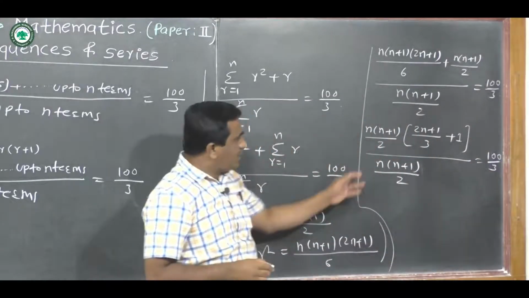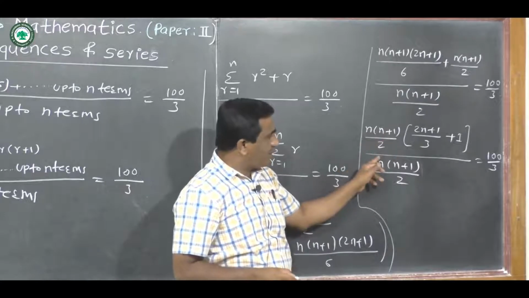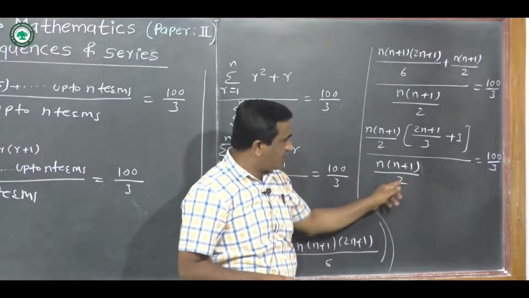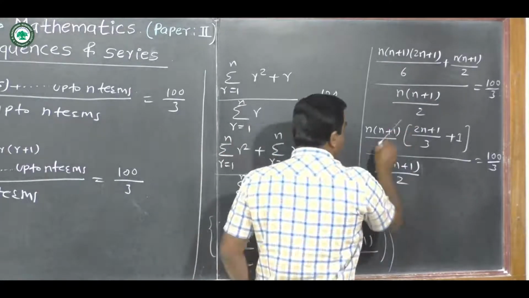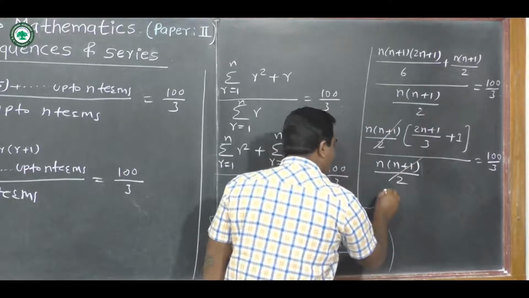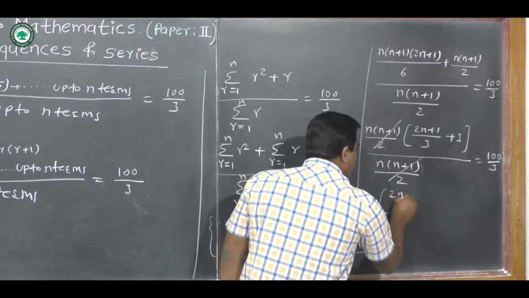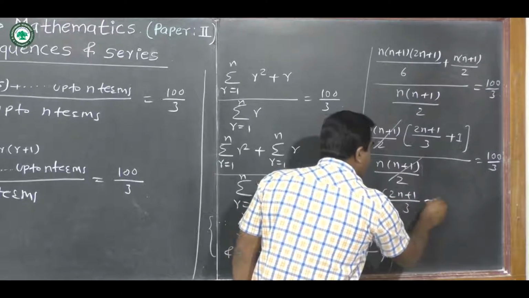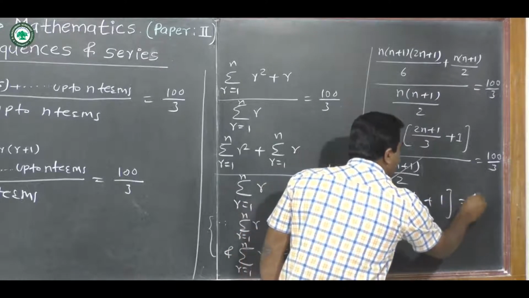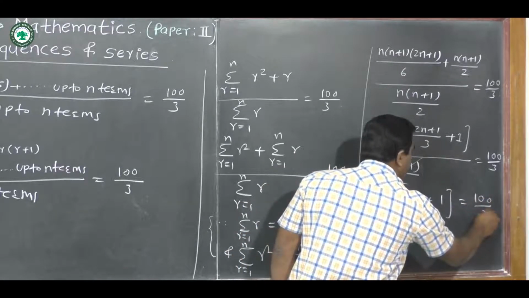Okay. Now this term cancels out: n into n plus 1 upon 2 cancels with n into n plus 1 upon 2. Write down the remaining terms, that is 2n plus 1 upon 3 plus 1 is equal to 100 upon 3.